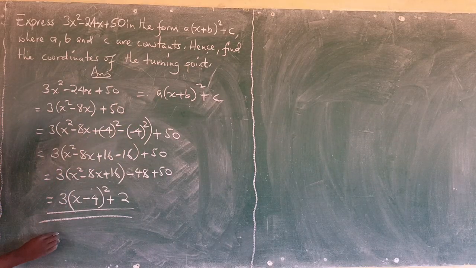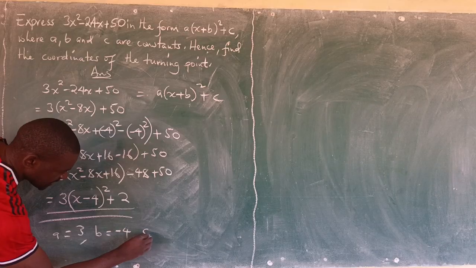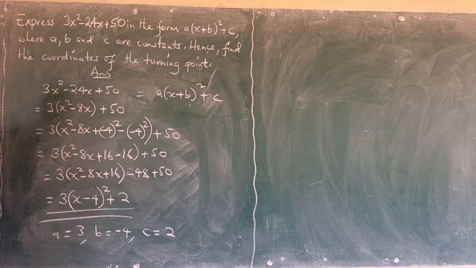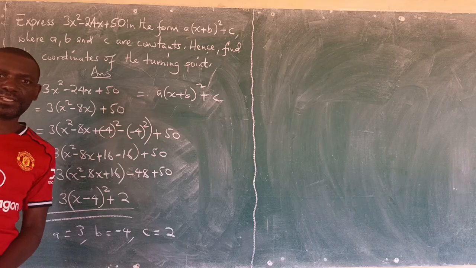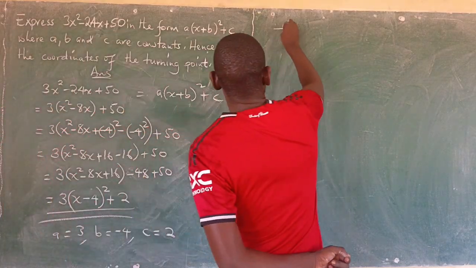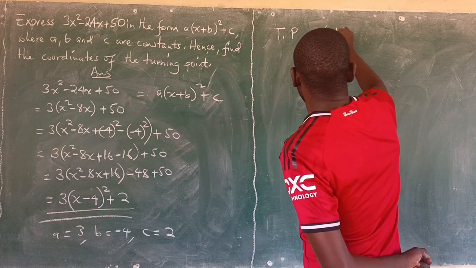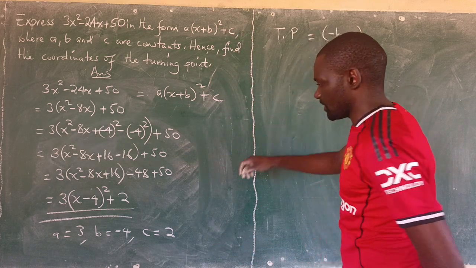In this case, our a is 3, our b is negative 4, and our c is 2. Then the question goes on to say, hence find the coordinates of the turning point. The turning point is given by this simple formula: negative b, comma c.